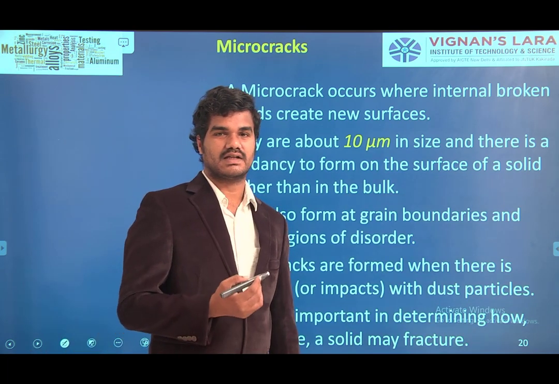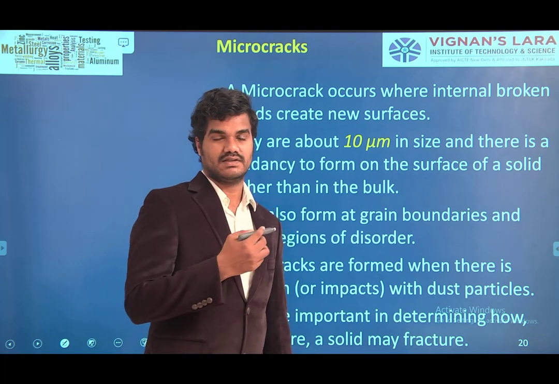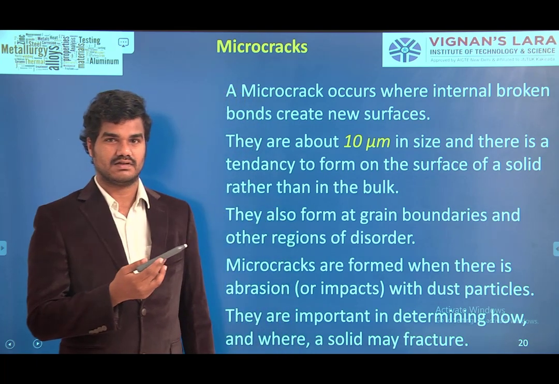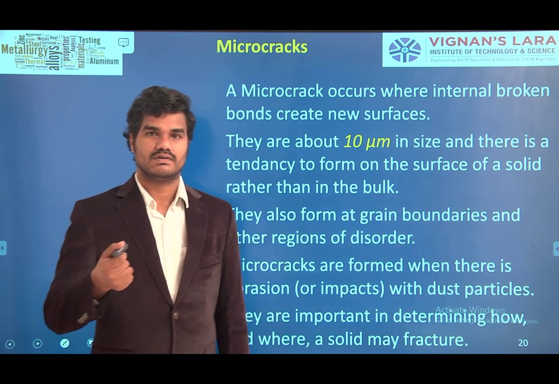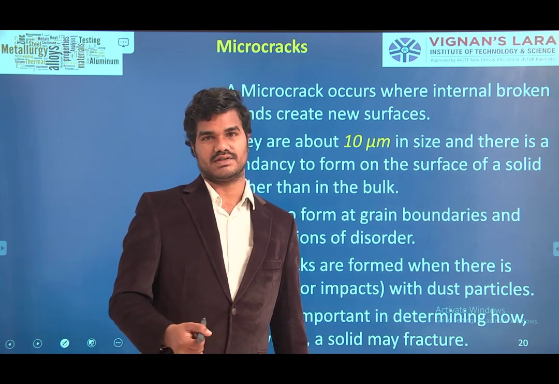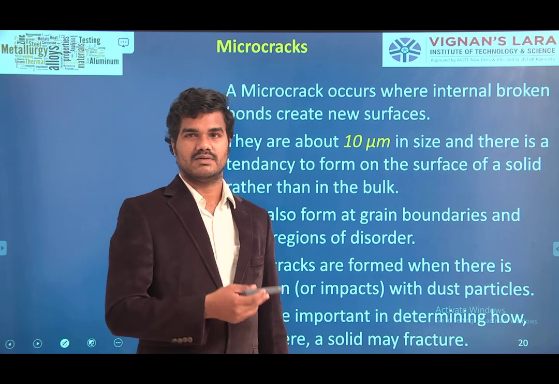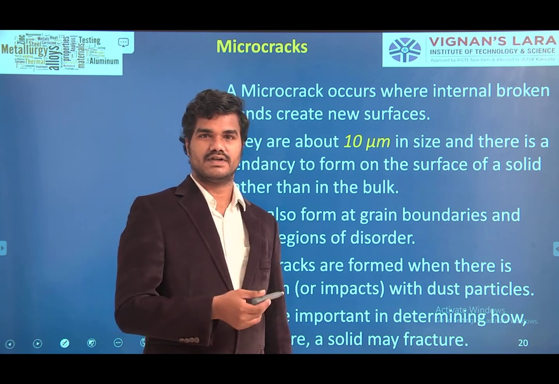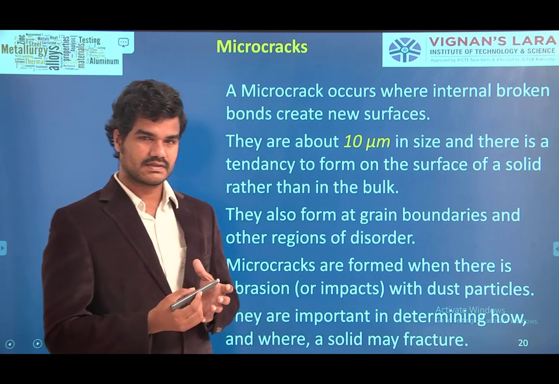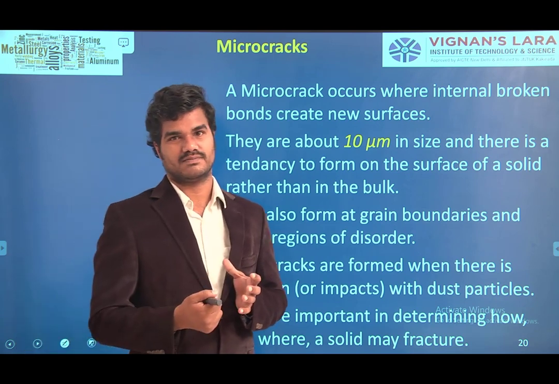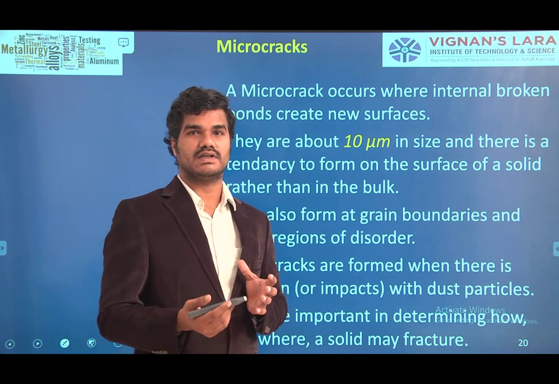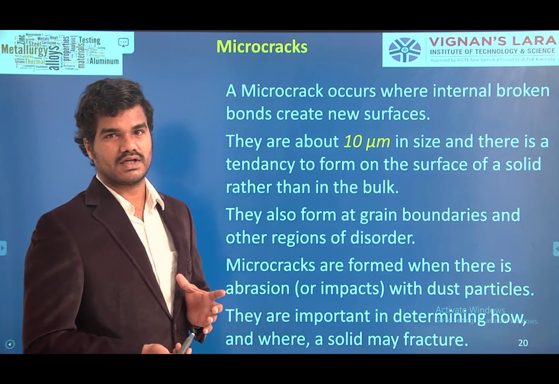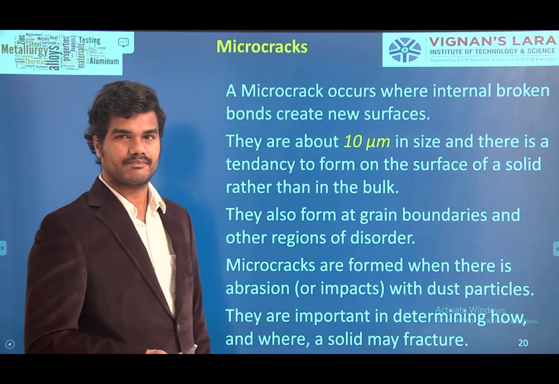Planar defects are classified into 3, whereas line defects are due to dislocations. Dislocations are classified into edge dislocation and screw dislocation, whereas planar defects are due to grain boundaries. The grain boundaries are classified into 3 types: tilt boundary, twin boundary and micro cracks.